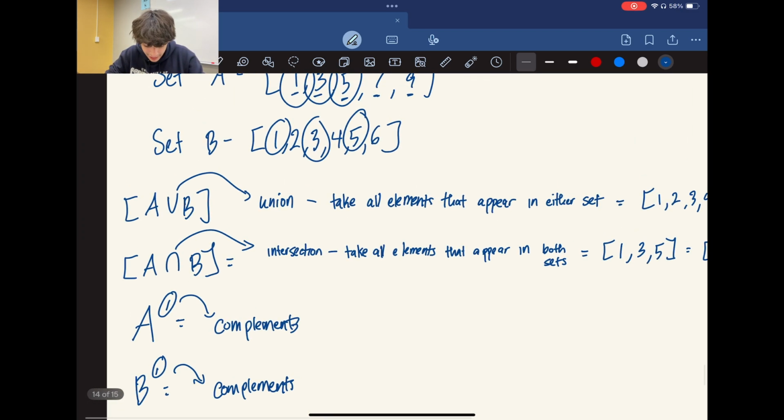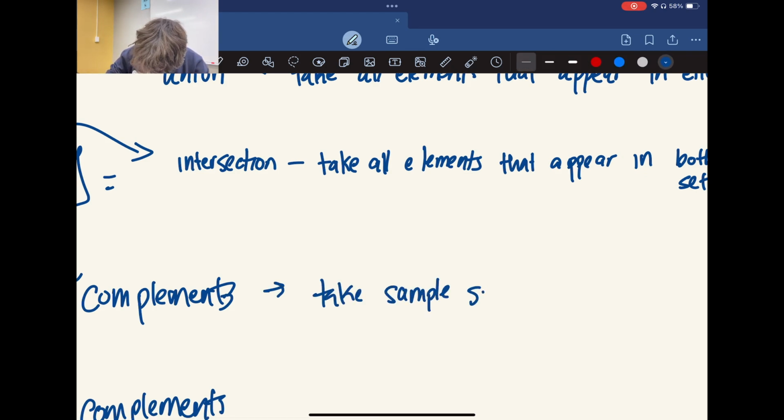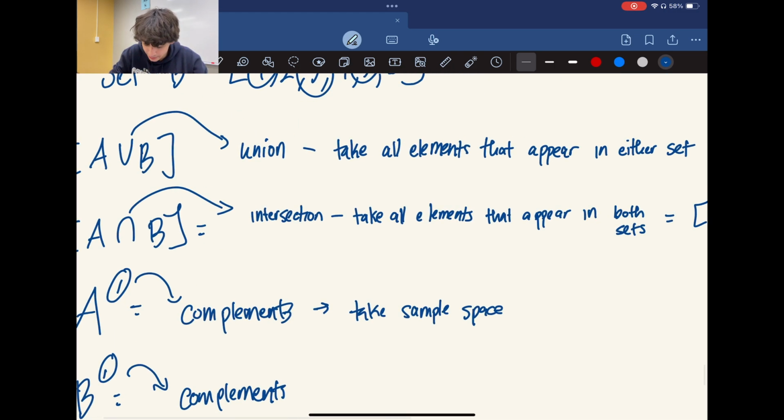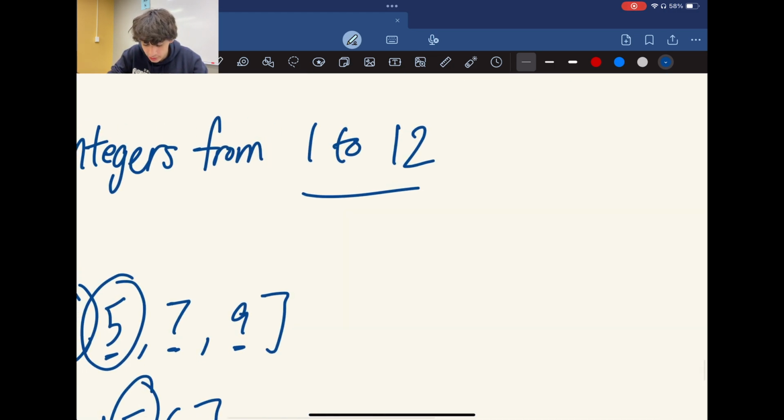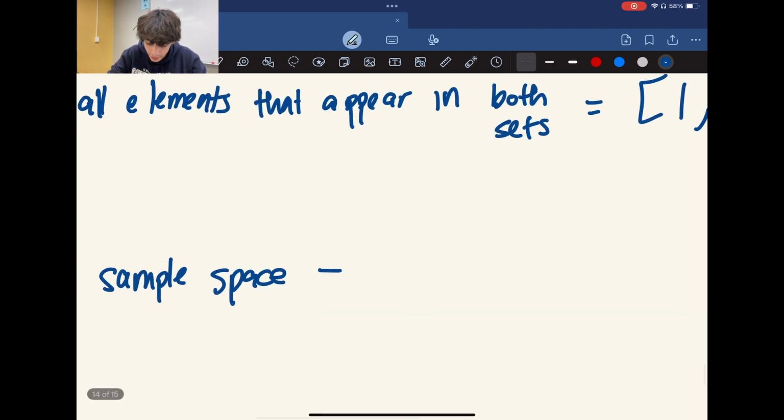When we're calculating a complement, we're going to take the sample space, and keep in mind the sample space is defined from 1 to 12, which means we have 12 elements. And from that, we are going to subtract all elements in set A.